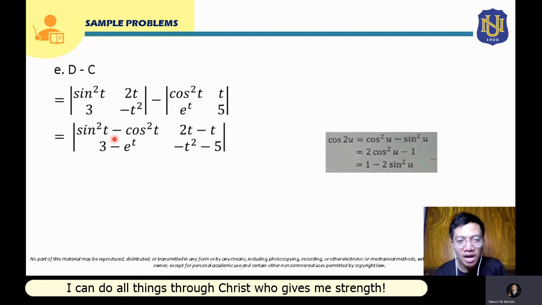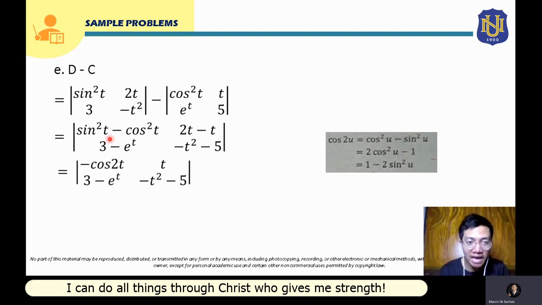The problem here is that they have the opposite sign. It should be negative and this should be positive. But we can actually factor out the negative here so that we can transform this sine squared t minus cosine squared t into cosine squared t minus sine squared t. So we can factor out the negative sign.